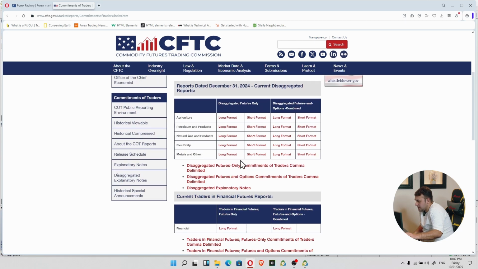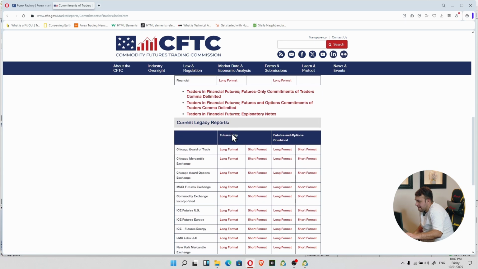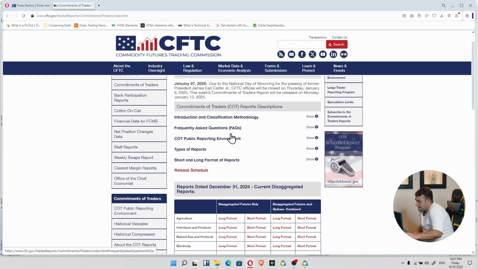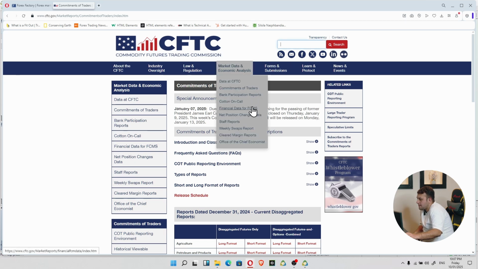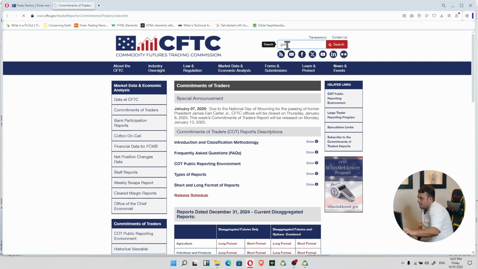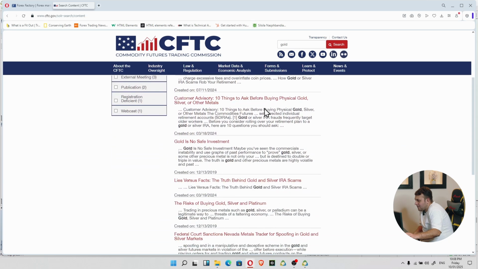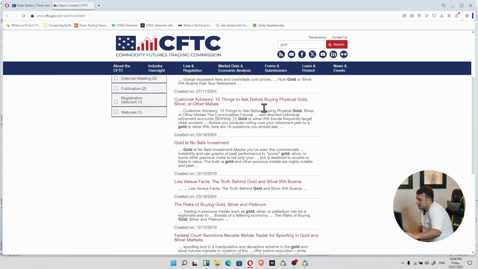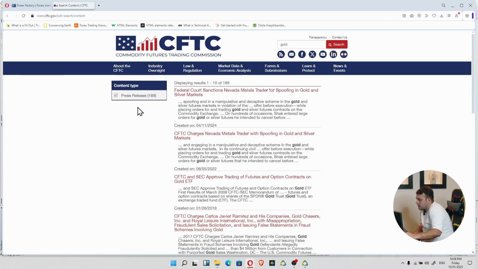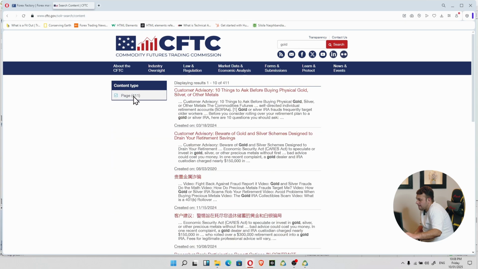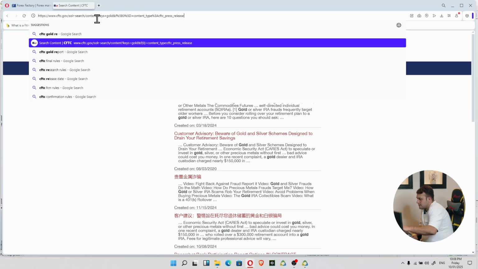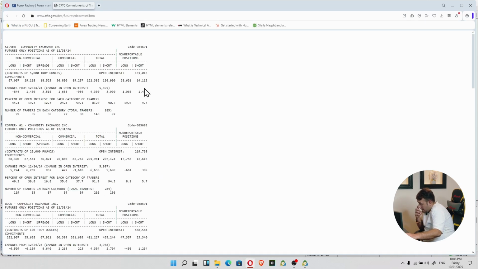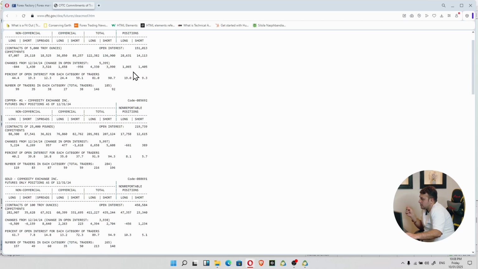And for example, you come here and so this is the COT report, where you look at the non-commercial and commercial holders of an asset.